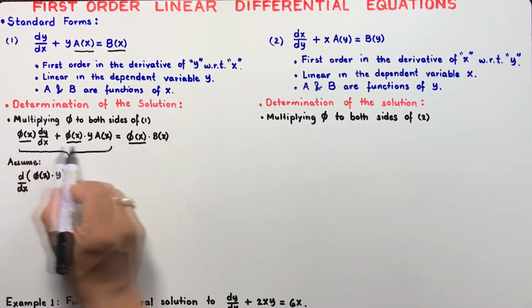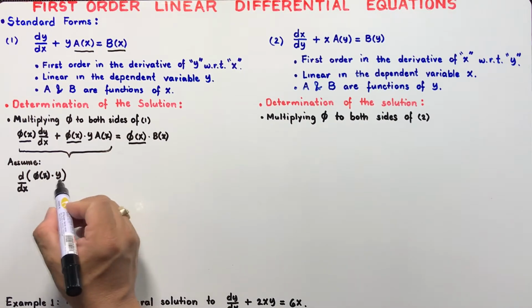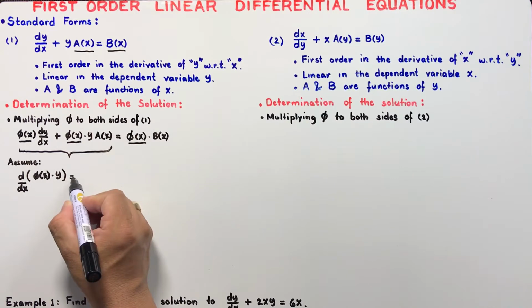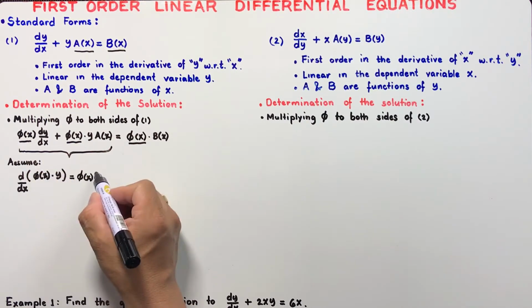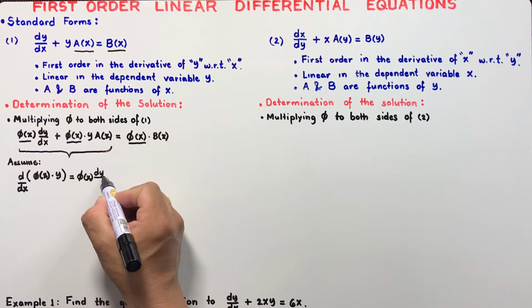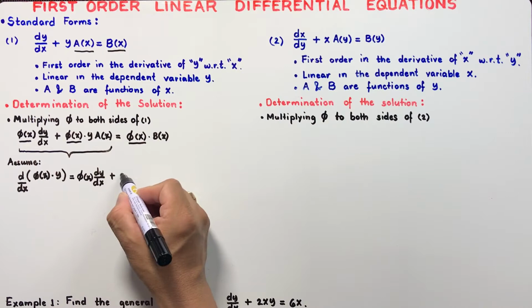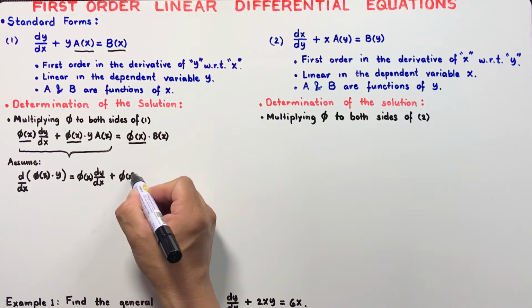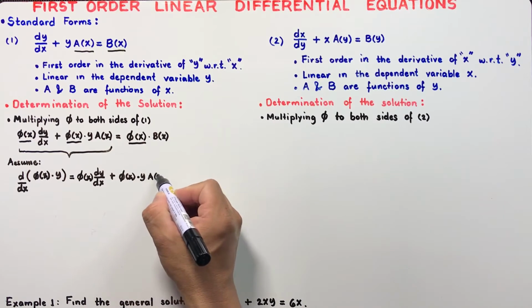So if this is equal to this, we may write that the derivative of this product is equal to phi of x times dy/dx plus phi of x times y times a of x.